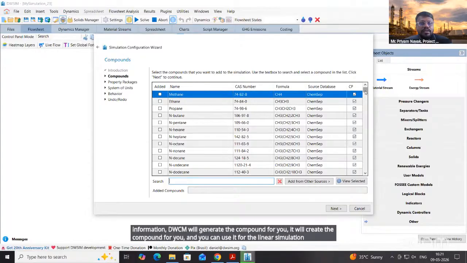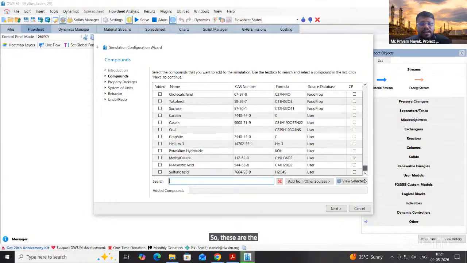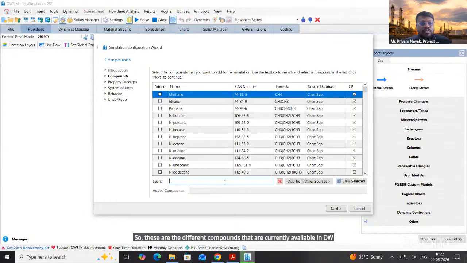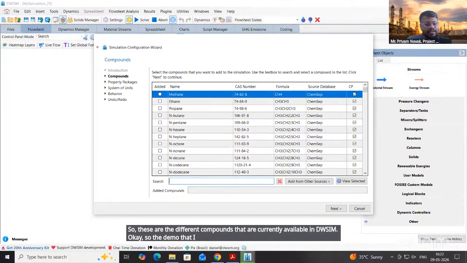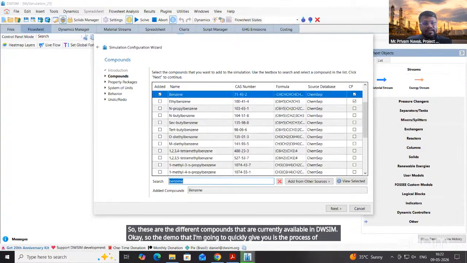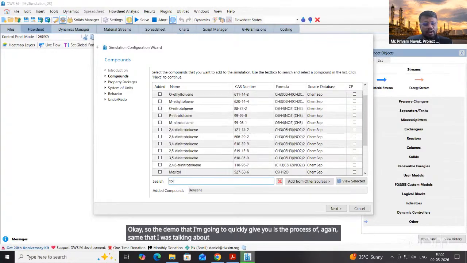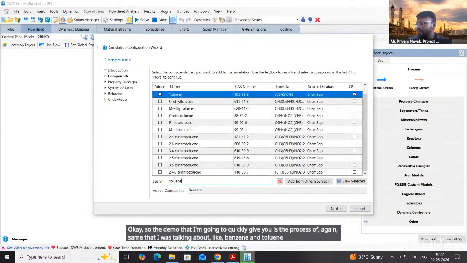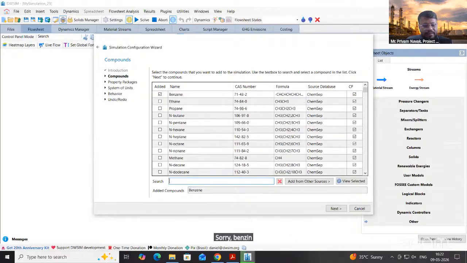These are the different compounds that are currently available in DWSIM. The demo that I'm going to quickly give you is the process I was talking about, benzene and propylene giving cumene.